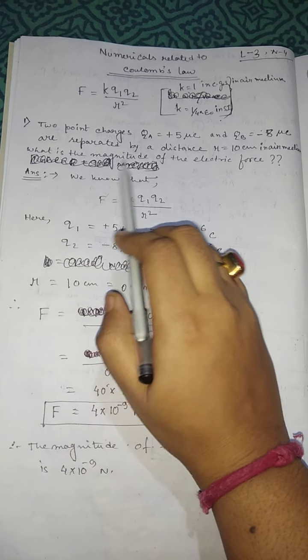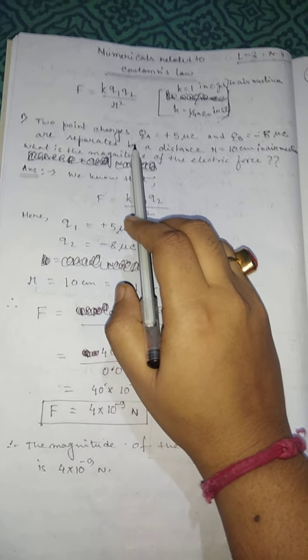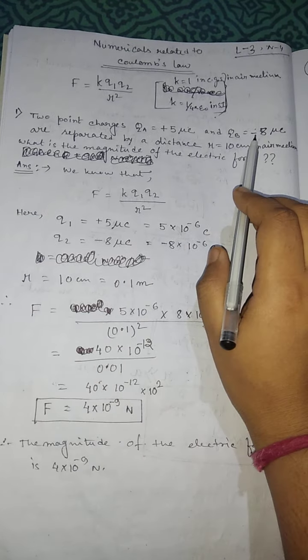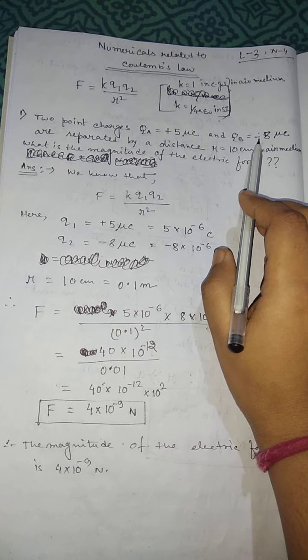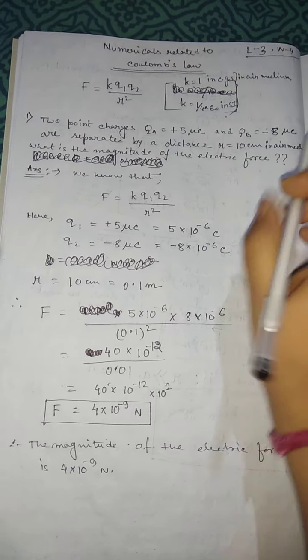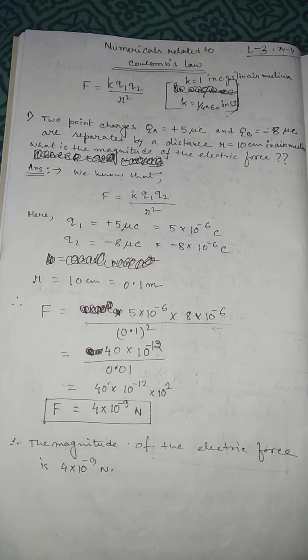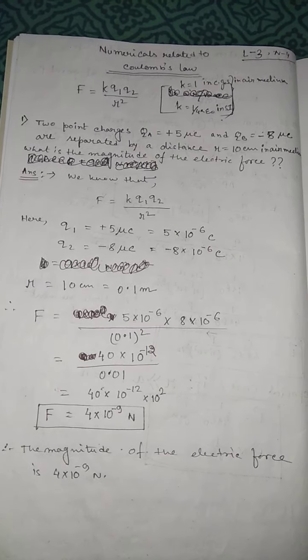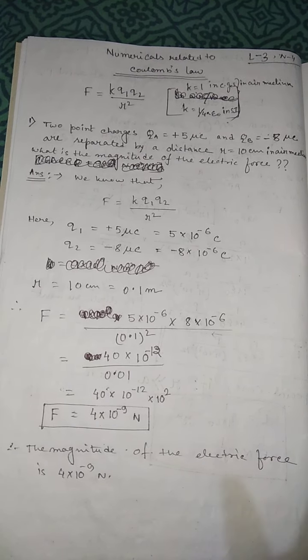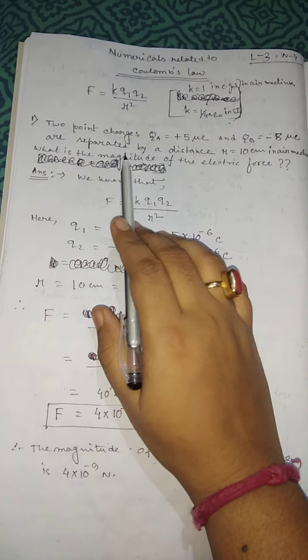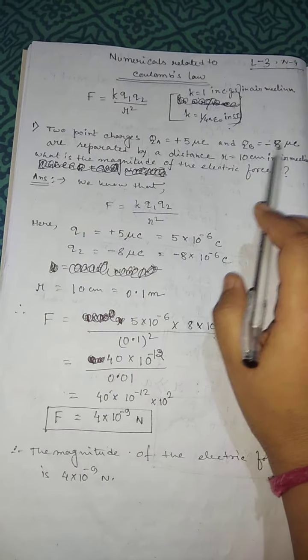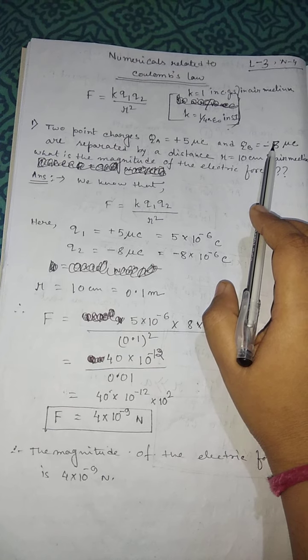Because we are finding the magnitude of the electric force, we neglect the minus sign. When we derive an equation in vector form, we consider the sign. Here we find only the magnitude, that's why we neglect the negative sign.